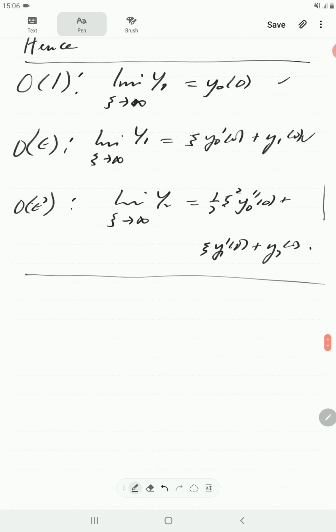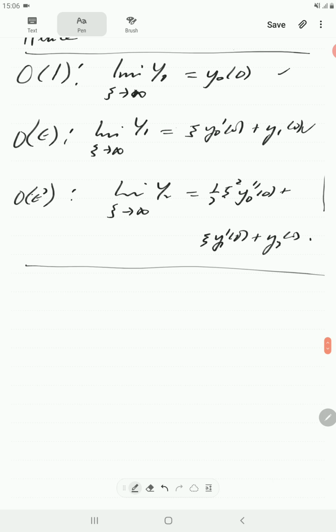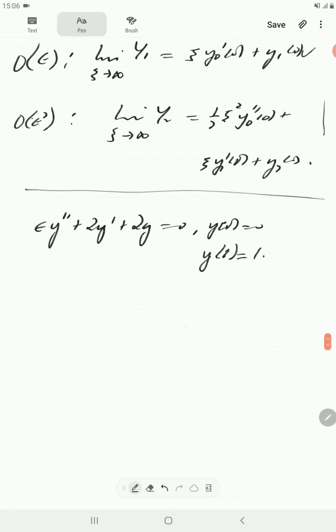Now, remember in the problem that we did earlier, which is this one, y at 0 is 0, y when x is 1 is 1.